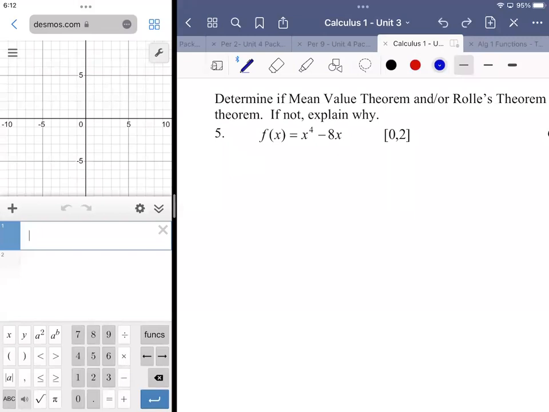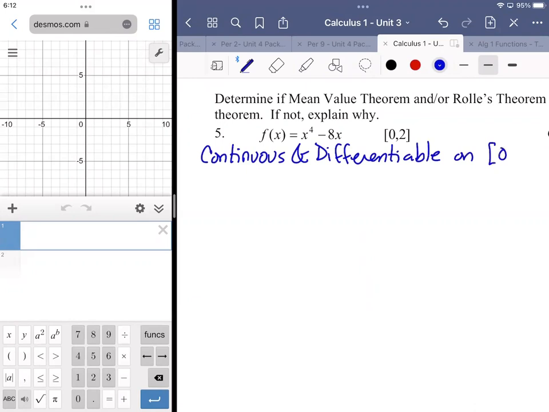On the interval of 0 to 2, right? And the reason we know that is because it's a polynomial function.